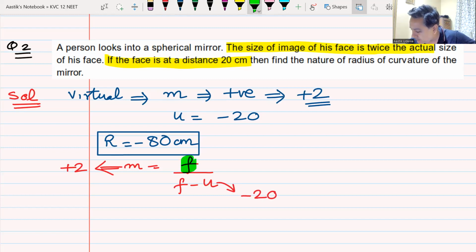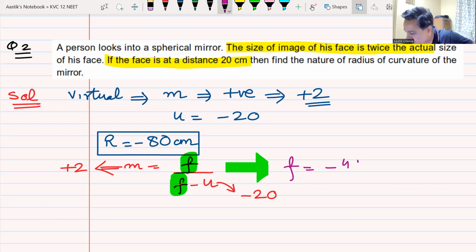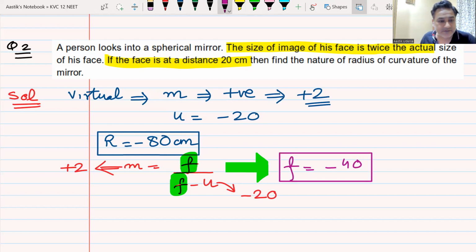From here, my dear friends, you can calculate the value of f, and the value of f that is going to come, I think, will be -40 centimeters. Once you get the value of f as -40, you should get the value of radius of curvature as -80. Do you understand this? Yes or no?